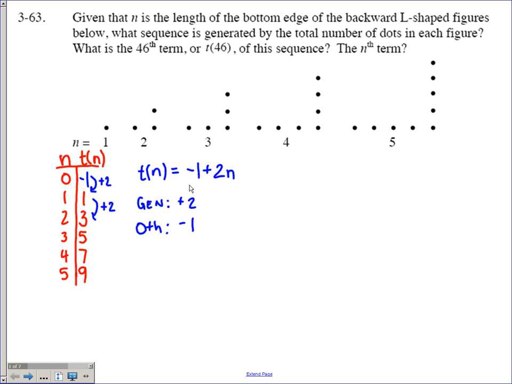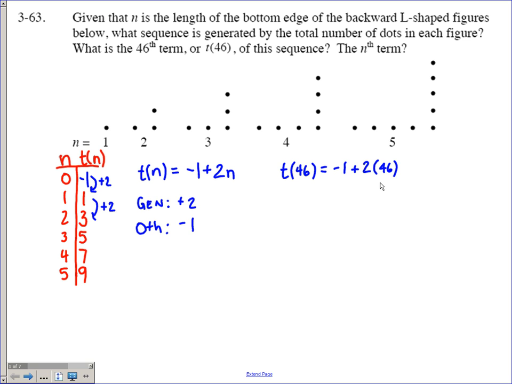Now, how is this going to help us with the rest? When we look at the 46th term in the sequence, or t of 46, we can plug it in and say t of 46 should equal negative 1 plus 2 times 46.